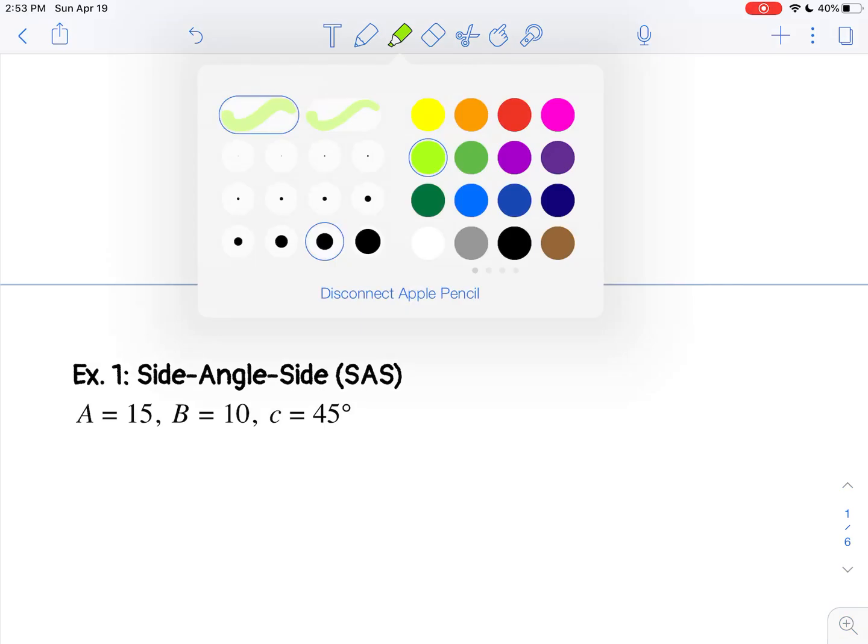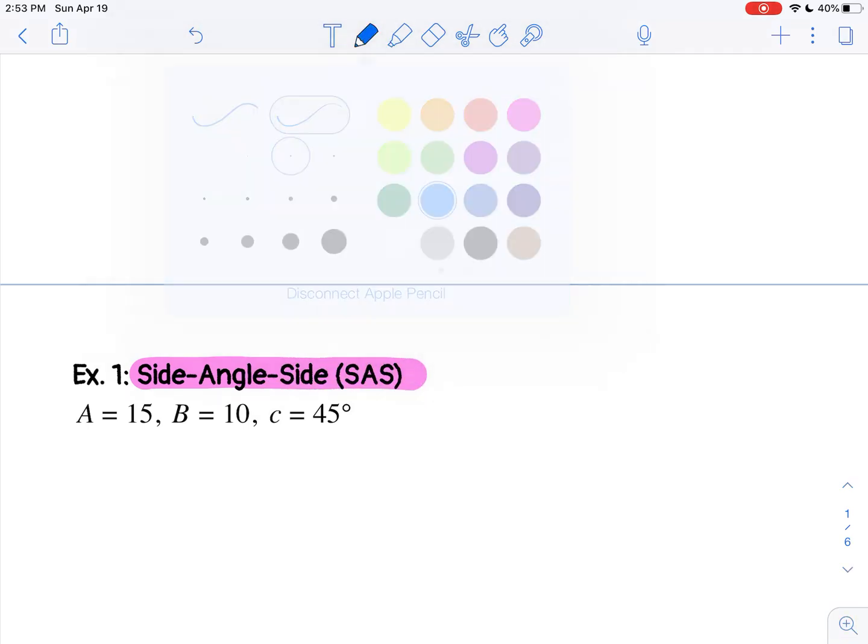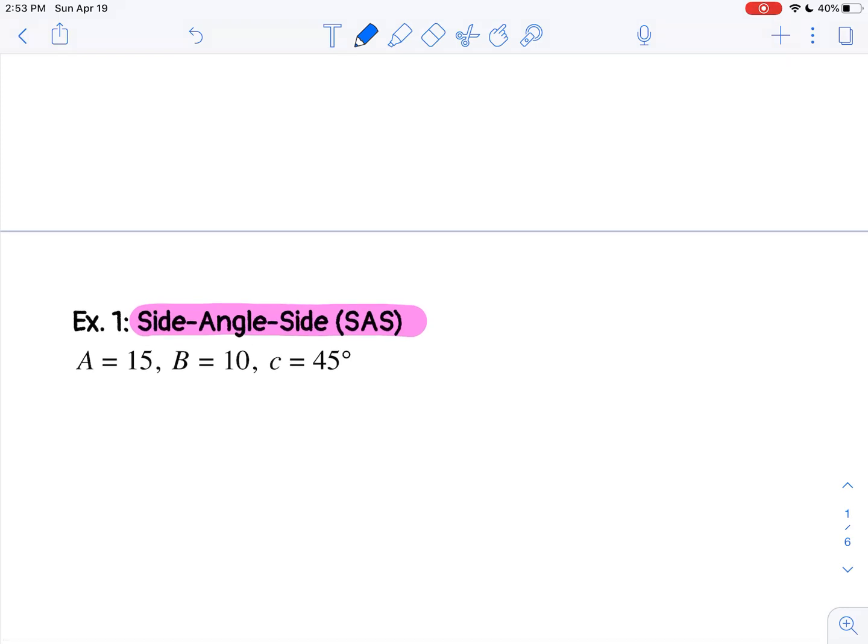So let's take a look at this first variation. We have a side-angle-side situation. So let's draw a diagram for our triangle. We've got one side, another side, and a third side.